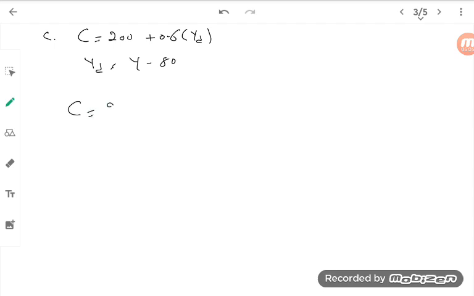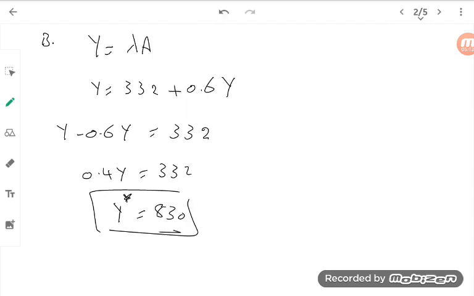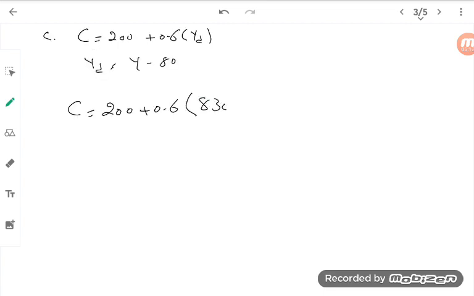C equals 200 plus 0.6 multiplied by Y, which is the equilibrium level of real GDP, 830 minus 80. So consumption at equilibrium will be 650.